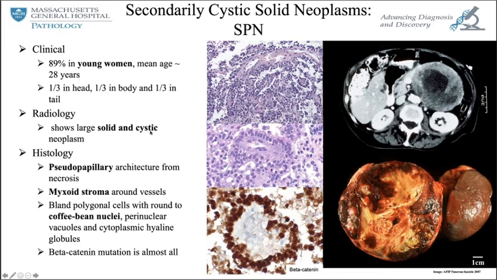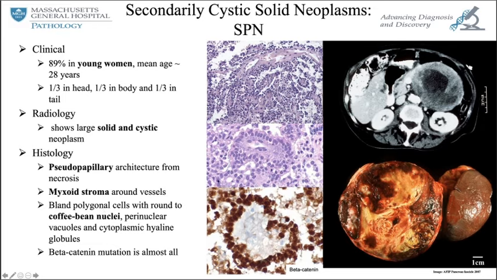They're secondarily cystic, and so the proportion of solid and cystic components is highly variable. They're pseudopapillary from this cystic degeneration, and so what we see are these papillary-like structures with a central vessel that often have this kind of myxoid type stroma where the epithelial cells kind of fall off the highway of this central vessel, and they can have dramatic myxoid stroma, not so much in the image here, but it can be quite dramatic.